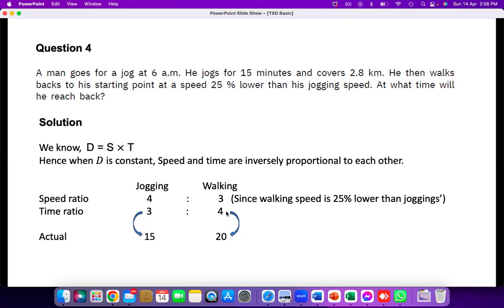So if you multiply this 4 by 5, you get 20. Because 3 and 4 are on same ratio scale, jogging and walking are the ratios. Clear? So total time is how much? 35 minutes. 6:35.